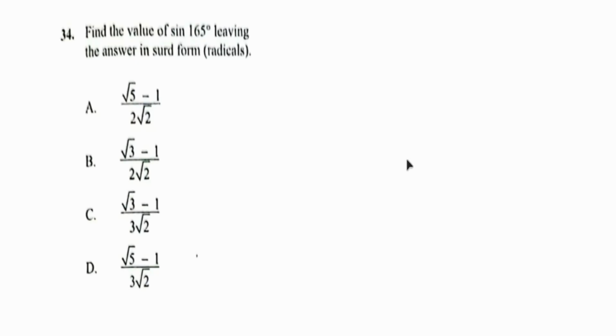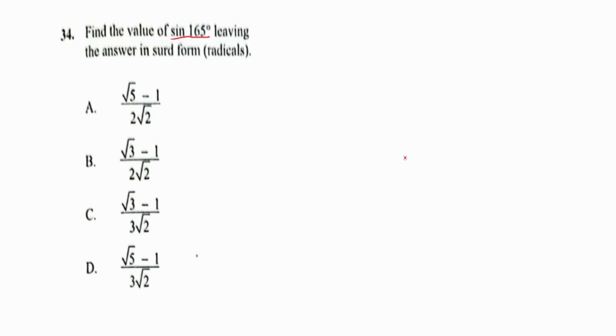So all we will do is put sine 165 in our calculator. If it gives us an answer in surd form, we just choose it straightforward. Or if it gives us the answer in decimal, we can put each of these in our calculator, and the one that gives us the same answer is what we will choose. So that is what I'm going to do now.